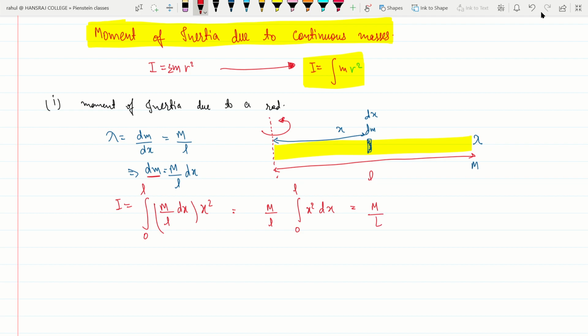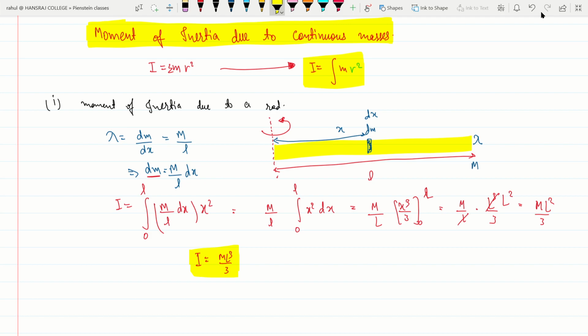So m upon L, x cube upon 3, from 0 to L, and this will become m upon L times L cube upon 3, and L and L will be cancelled out. This will become ml square upon 3. So the moment of inertia for a rod about its one end is ml square upon 3.